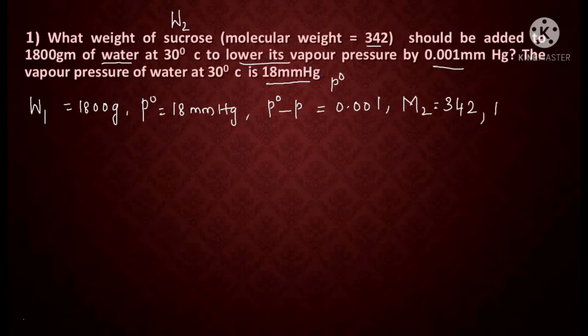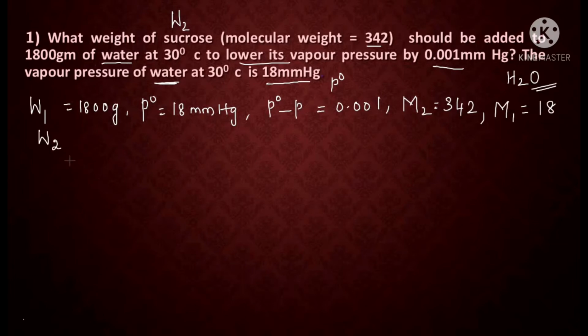And then M1, we are in need of M1. What is M1? See, water is the solvent, so we are in need of the molecular mass of water. We can calculate the molecular mass of water from the atomic mass of all the elements. By summing up the atomic mass of hydrogen and oxygen, it is possible to calculate the molecular mass. So its value is 18, and you are asked to calculate W2.